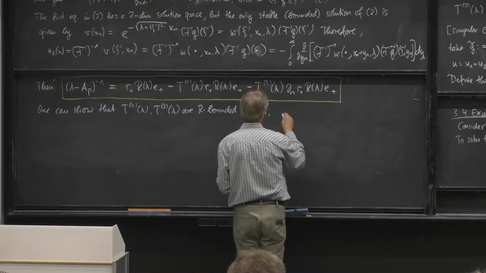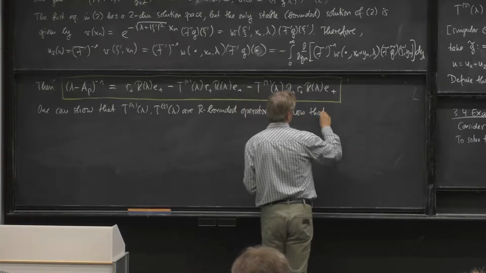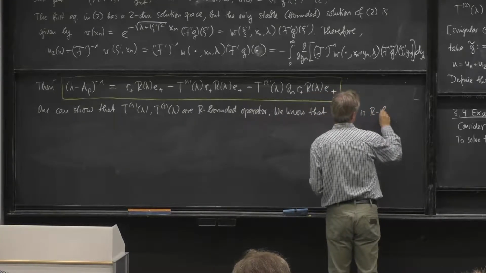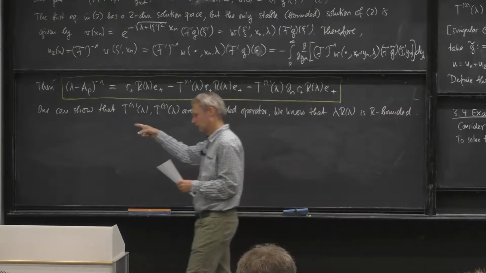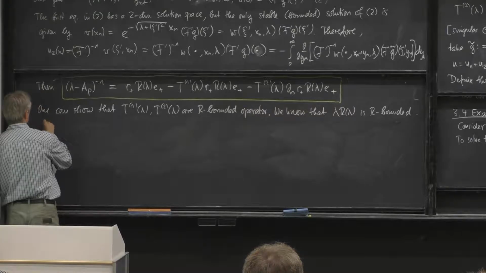We know already that lambda times the resolvent, the whole space resolvent, is R-bounded. And altogether, this is the way to show it.